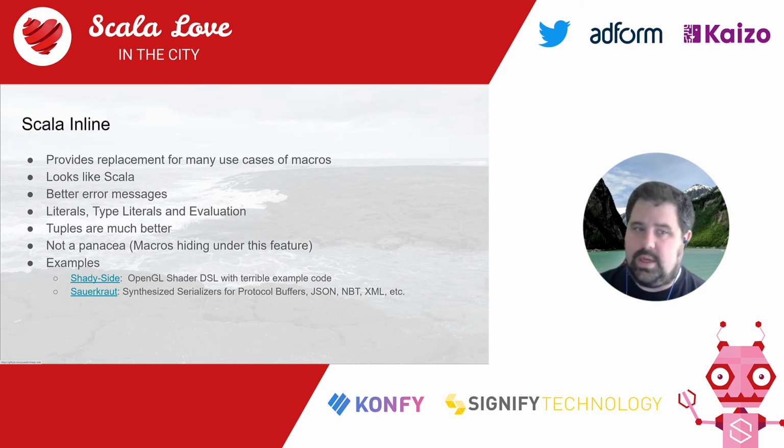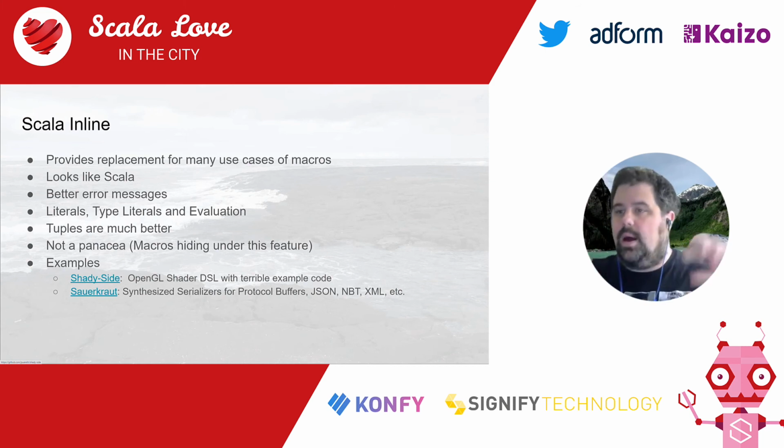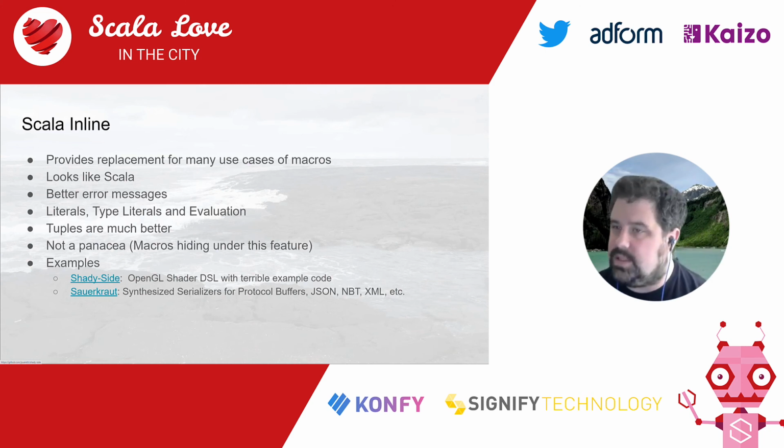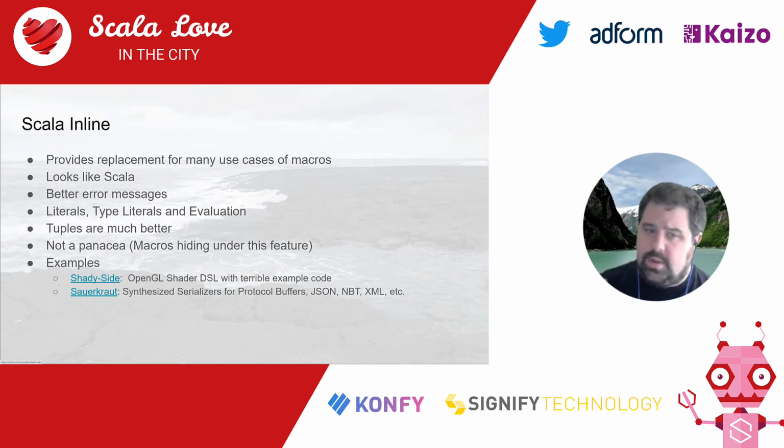Another thing that we learned here is that tuples in Scala 3 are freaking awesome. They really did a good job fixing tuples. There's a few advanced, higher kinded use cases if you're trying to do a type match across a whole tuple. It gets a little funky at times to do the compiler gymnastics, but we didn't need to. We just did it for fun and ran into it. The other thing I want to throw out is Scala Inline is not a panacea. Right?